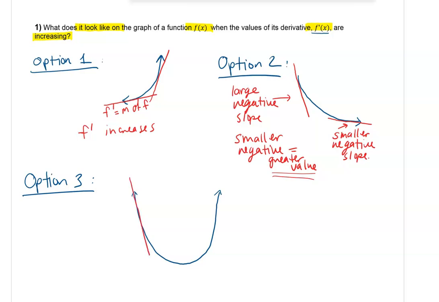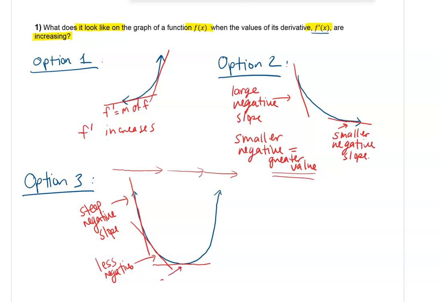Because again, over here on the left side, you can see that it has a really steep negative slope. And as I continue moving from left to right, which is what we're always doing when we're looking at increasing, decreasing, we always move from left to right. As I do that along this curve, I notice that my negative slopes get smaller or less negative, and eventually hit 0, which technically is greater in value than negative, and then become positive and eventually more and more positive.